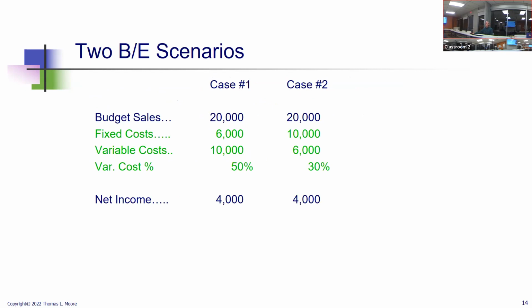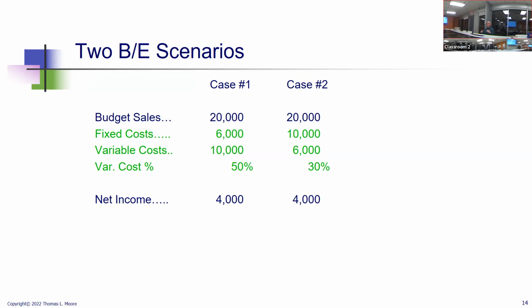So here are two break-even scenarios to give you a sense of how fixed versus variable costs impact one scenario versus another. What we have are two cases. Both of them are budgeting to have sales of $20,000 each.